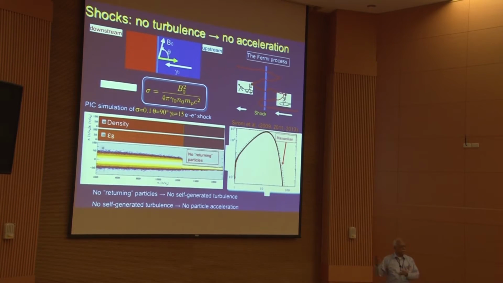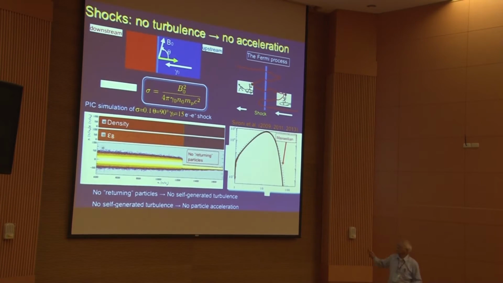And we are thinking of sigmas of 1, 10, etc. for relativistic jets. If sigma is largish, then shock acceleration just doesn't work. And there's a very simple explanation, but I won't go into it because there isn't enough time.